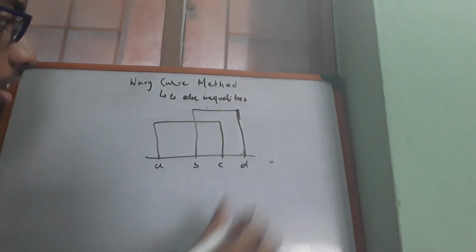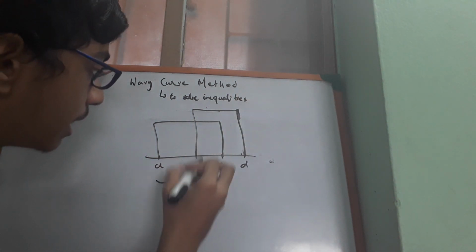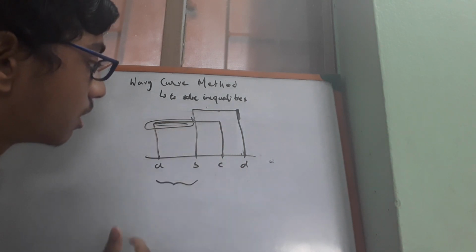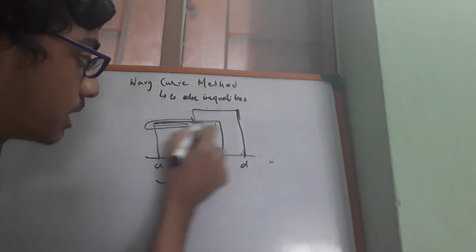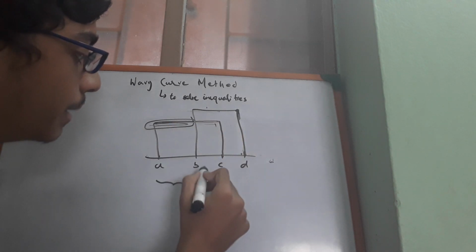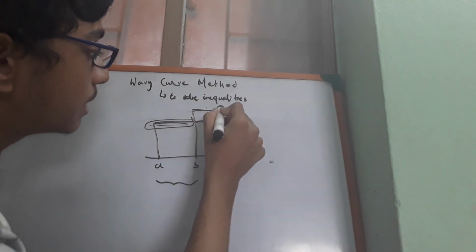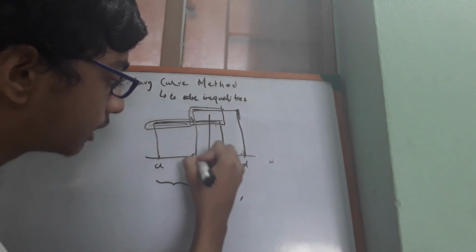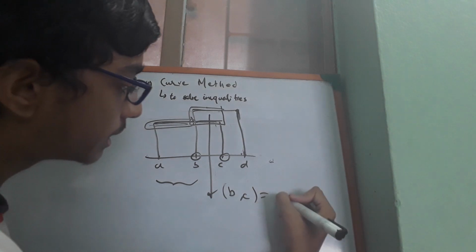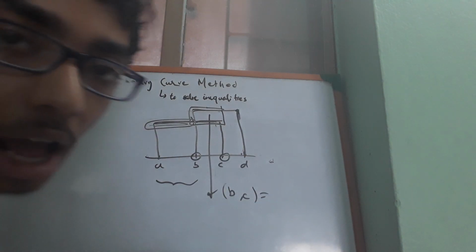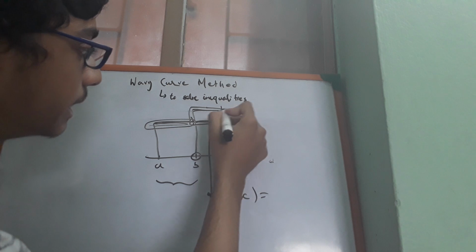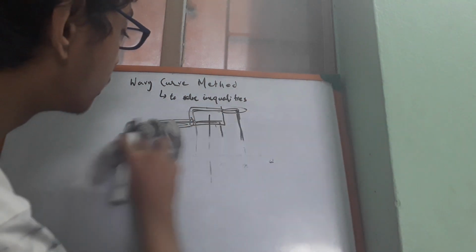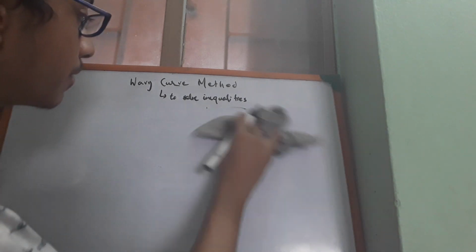From A to B, you see I have only one range of values, this one here. From B to C, you see I have this line also, this line also. That means this is my answer, from B to C, and let's assume these are open circles. So this is actually the intersection. I hope you are clear with the basic idea. Now, without further ado, let's move on to the wavy curve method.